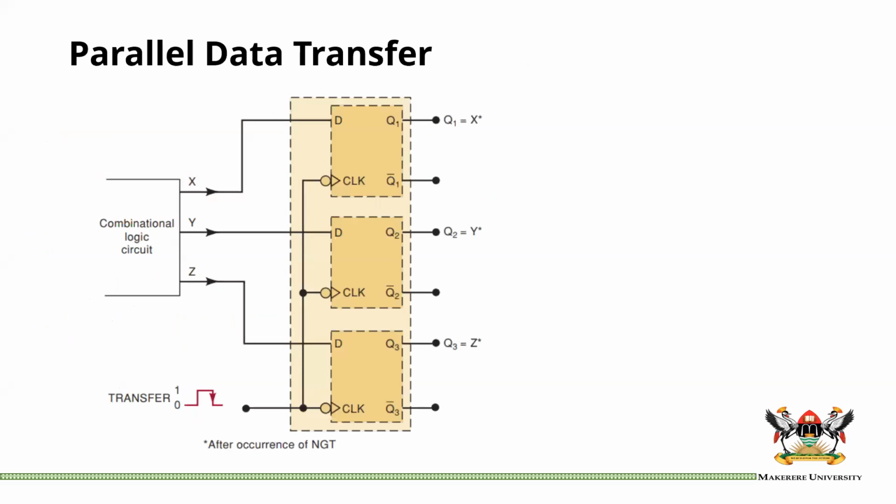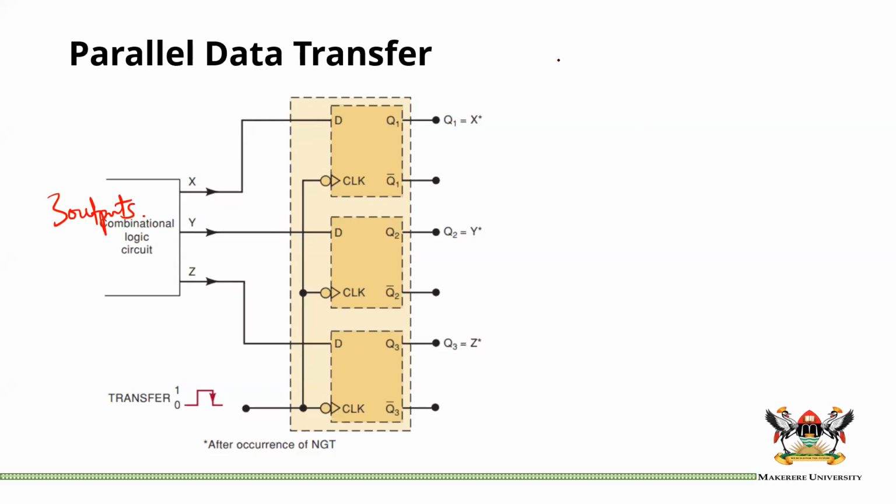So we have some of the operations of these flip-flops, including data transfer. We have parallel data transfer and serial data transfer. This is a scenario that shows you the parallel data transfer. We have a combinational logic circuit that has 3 outputs, X, Y, and Z, and X is being fed into a D flip-flop, Y into another D flip-flop, and Z into another separate D flip-flop.